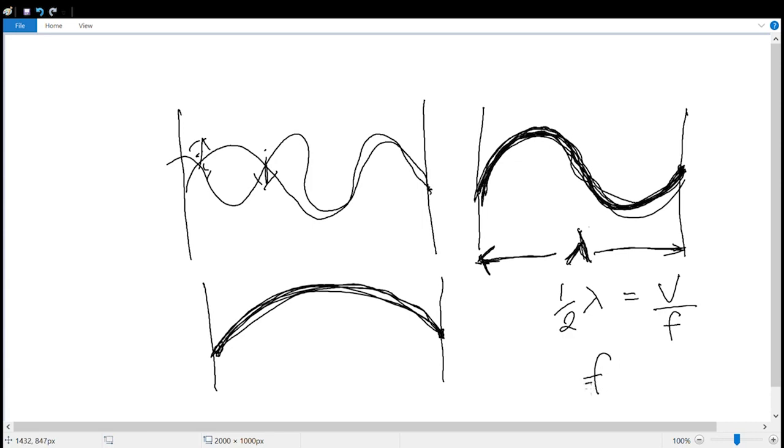So the frequency that's going to be a problem equals the velocity divided by half the wavelength. That is going to be our first real problem frequency. Okay, so that's the one that we've got to look out for.